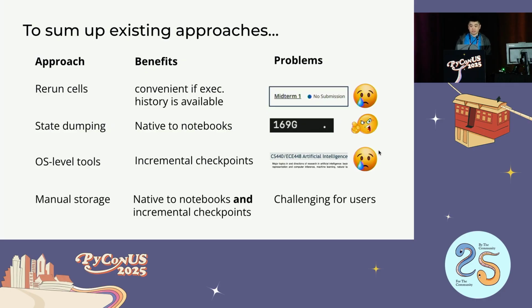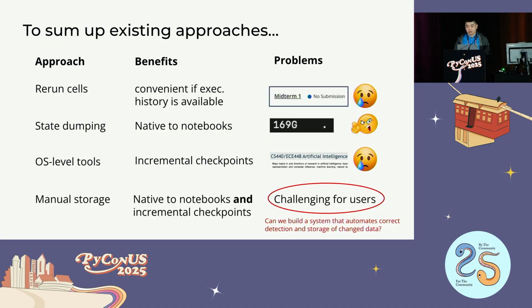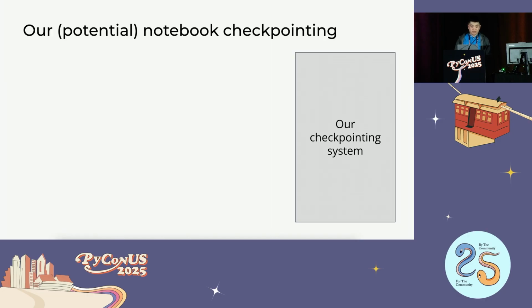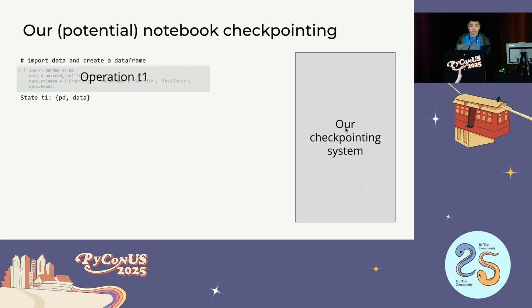So we were thinking to ourselves, can we actually build a system that somehow automates correct detection and storage for changed data? And based on this vision, we proposed a potential notebook checkpointing system that looks like this. So it's like a tag-on checkpointing system to notebook sessions where, say, the user begins with running a cell execution, which declares some variables into the state.